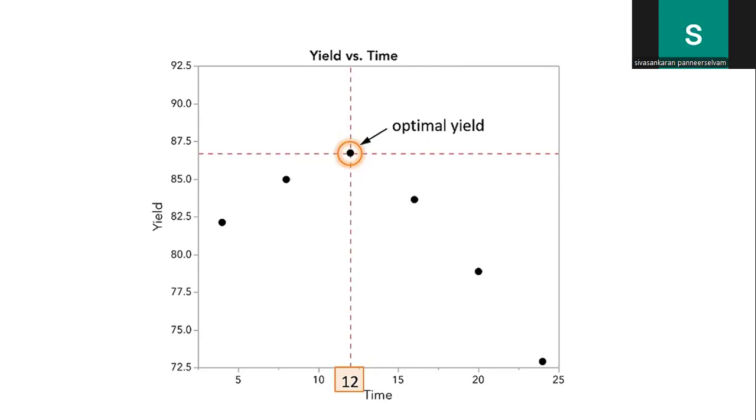So out of this, I can find out the optimum yield as 86.5% for 12 hours of time. So at this time period, I'm getting the maximum yield percentage by heat treating the metal for so many hours inside the furnace.